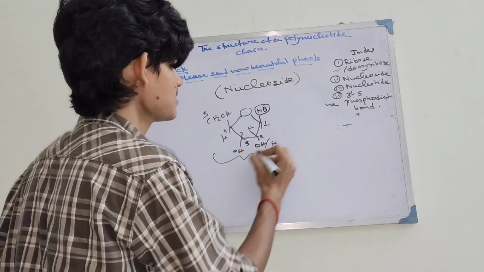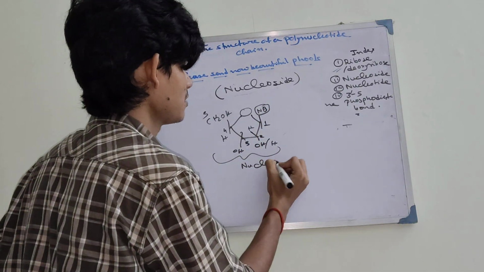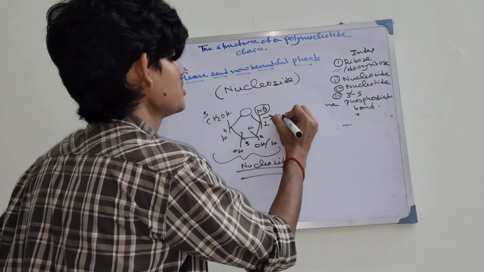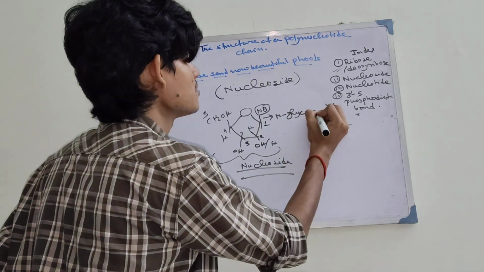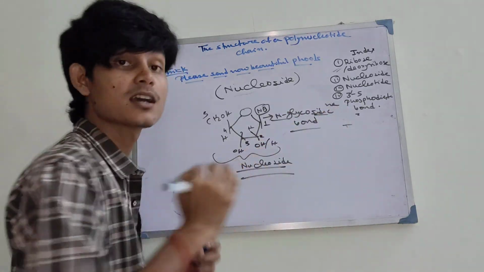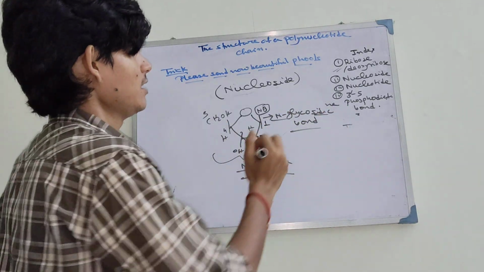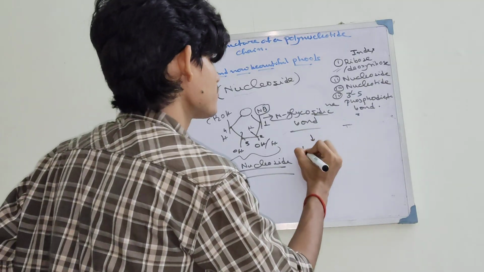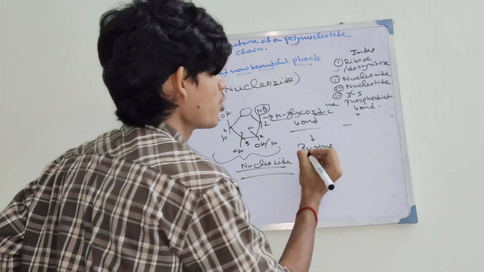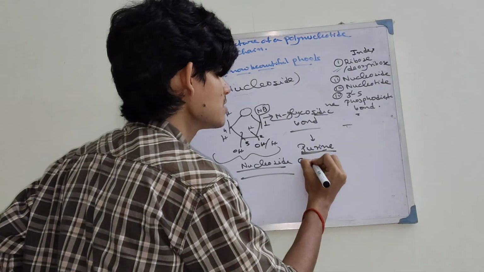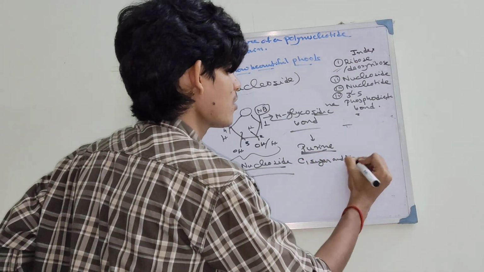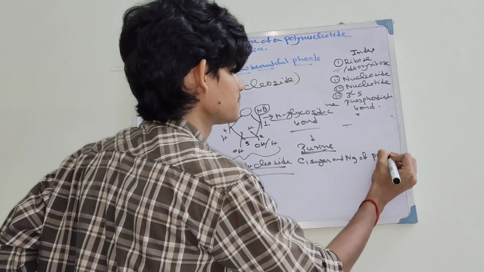So this structure is a nucleoside, and the bond they form is a glycosidic bond. If purine is the nitrogen base, then the bond will be formed between C1 of the sugar and N9 of purine.